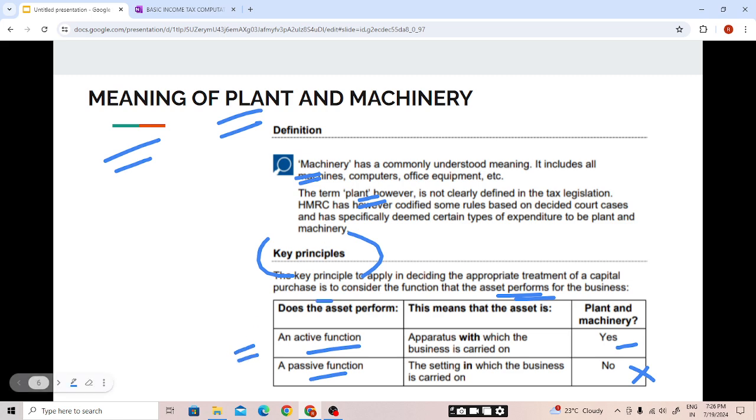Active function means which with the help of the machine or the asset we are able to run the business. If that machine is not available, we will not be able to carry our business. So it is actively involved.